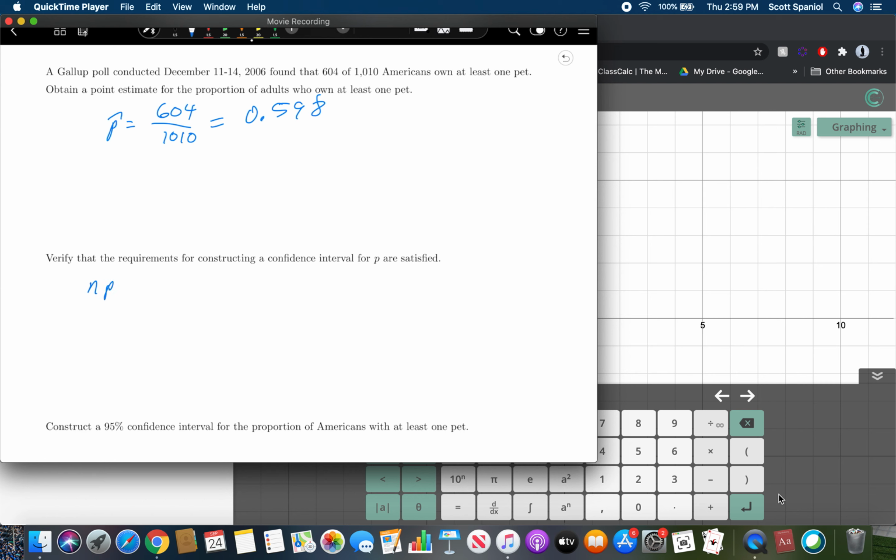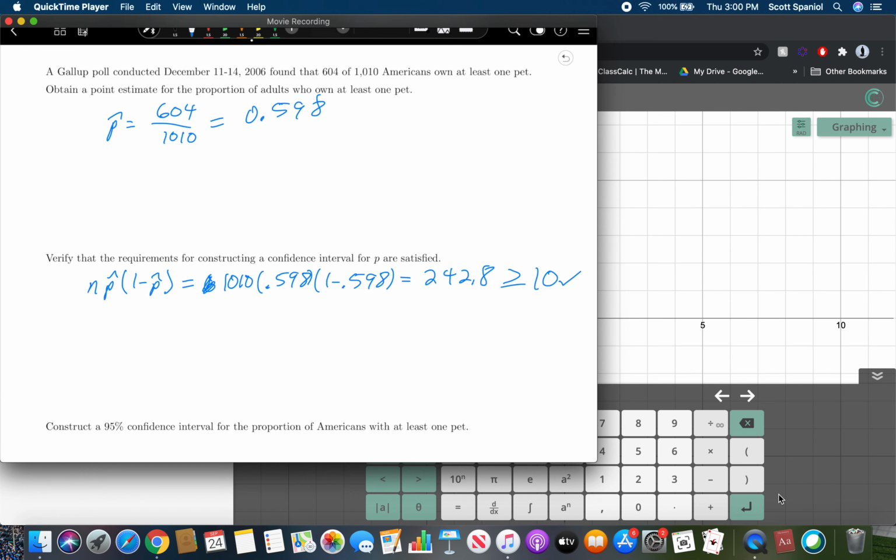So that's n times p hat times 1 minus p hat. So in this case, that's 1,010 times 0.598 times 1 minus 0.598, which is 242.8, which is a lot more than 10, so that works.